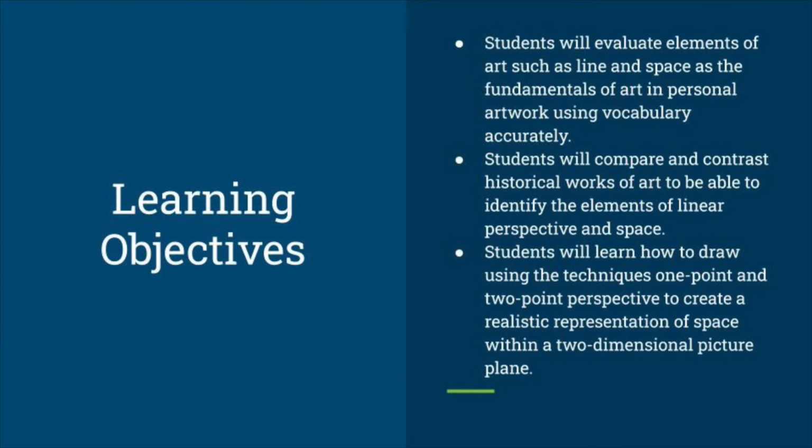The learning objectives for this lesson are that students will evaluate elements of art such as line and space as the fundamentals of art and personal artwork using vocabulary accurately. Students will compare and contrast historical works of art to be able to identify the elements of linear perspective in space. Students will learn how to draw using the techniques 1-point and 2-point perspective to create realistic representations of space within a 2-dimensional picture plane.